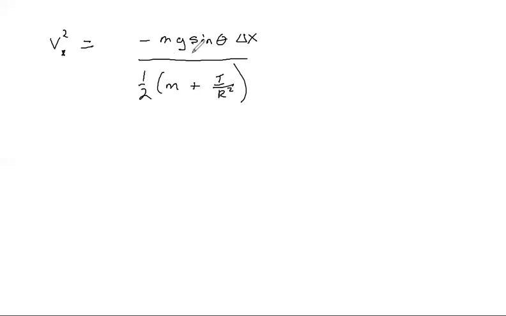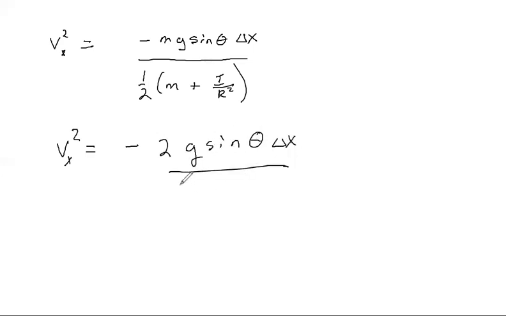And let's just clean this up just a tiny bit. So I can see that vx squared equals, divide top and bottom by m, move the half around. This is minus 2g sine theta delta x divided by 1 plus I over m r squared.